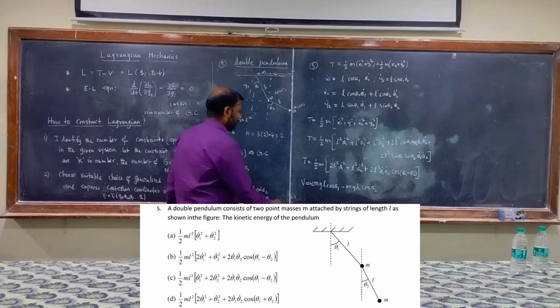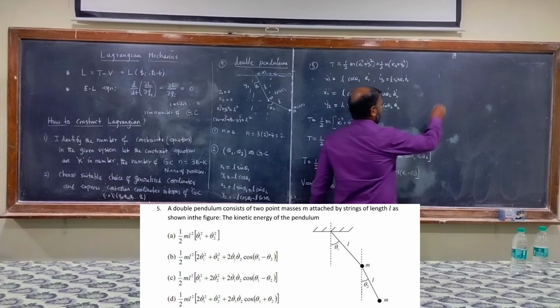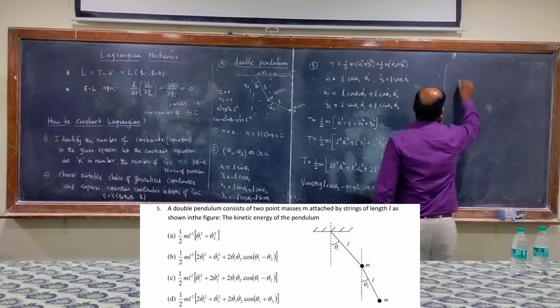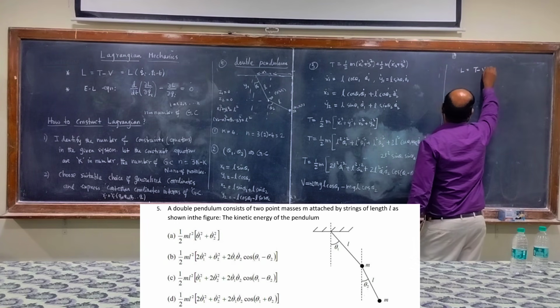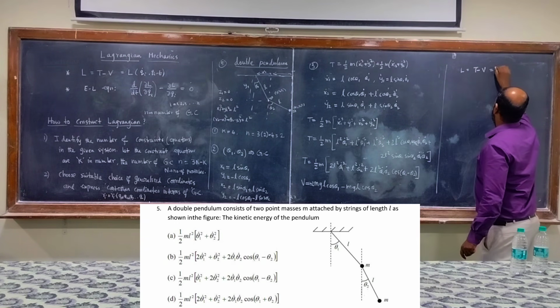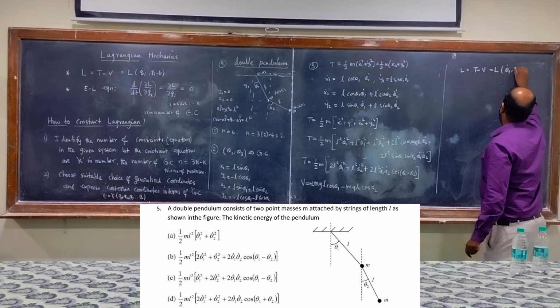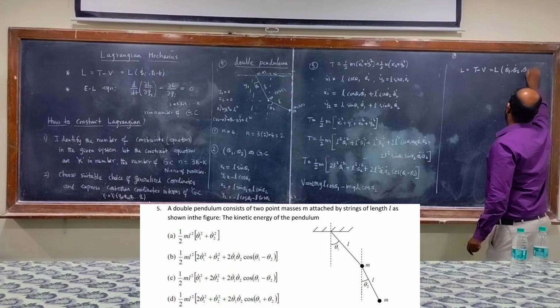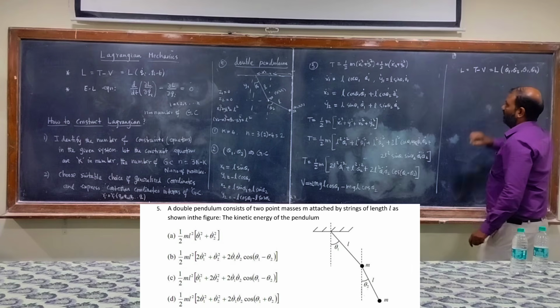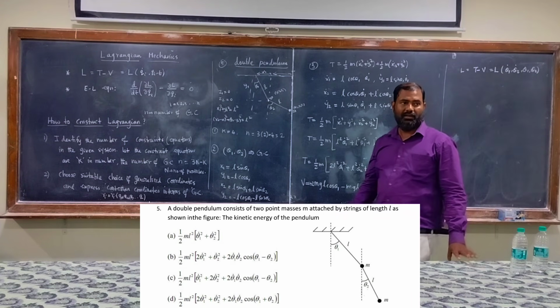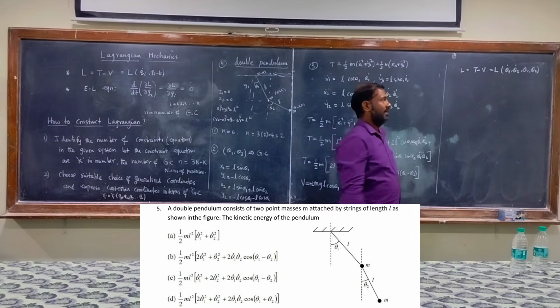Of course, L is equal to T minus V, which means it's a function of theta 1, theta 2, theta 1 dot, theta 2 dot. Am I clear? Then what is the Lagrangian equation? Two equations.